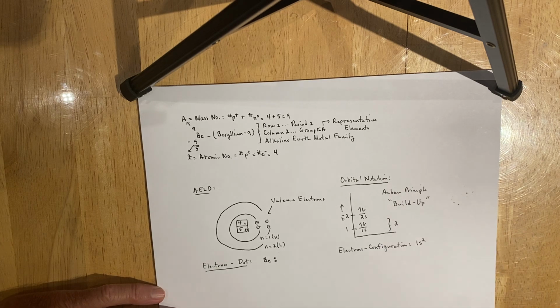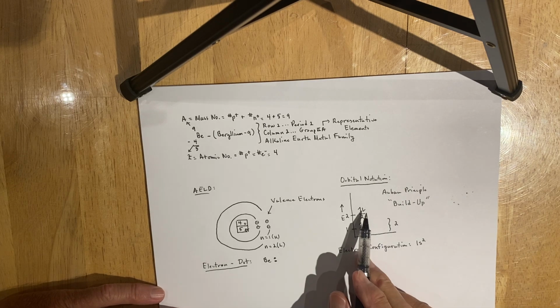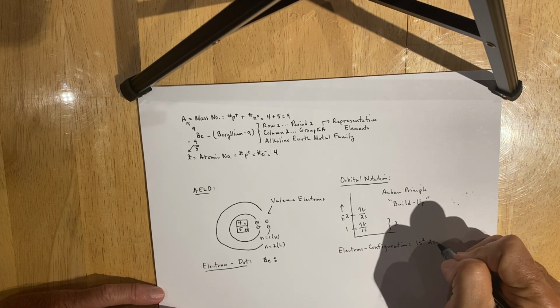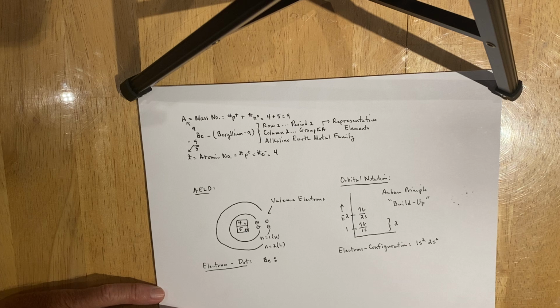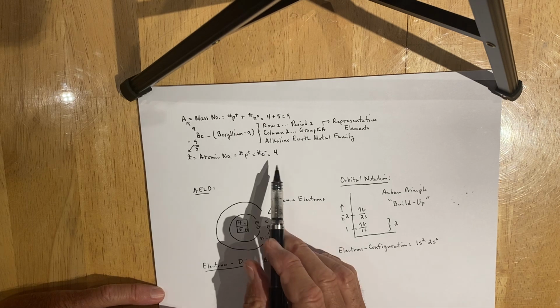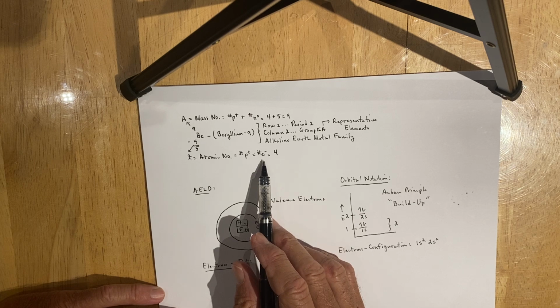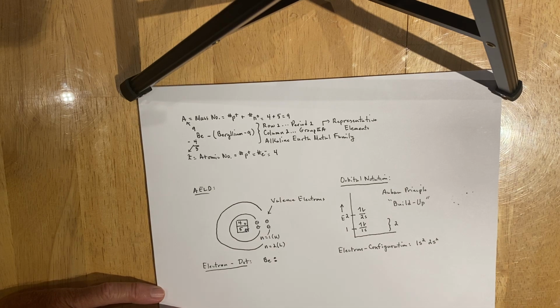So we'd simply write 1s2, and we have two electrons in an s sublevel on the second energy level, so we'd write 2s2. So the configuration for beryllium is 1s2, 2s2. And you can see that the two superscripts, 2 and 2, is 4, sum to the number of protons in the nucleus as well as the number of electrons around the nucleus in its neutral atom.